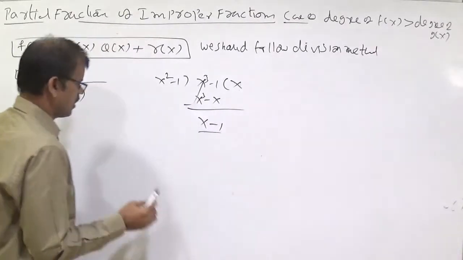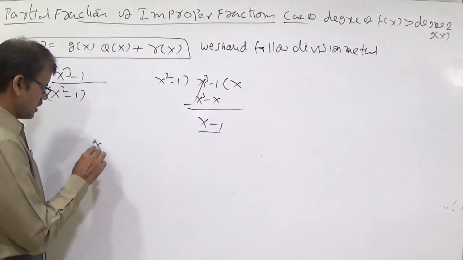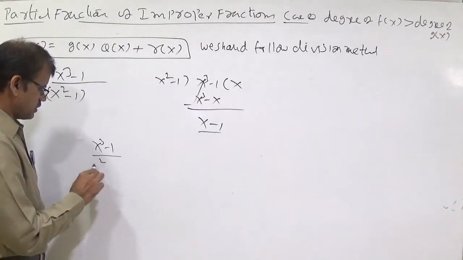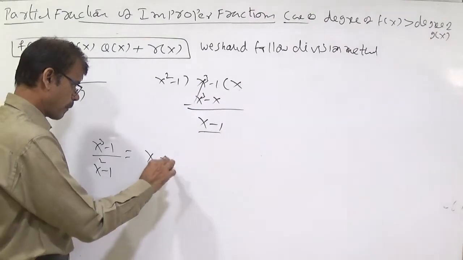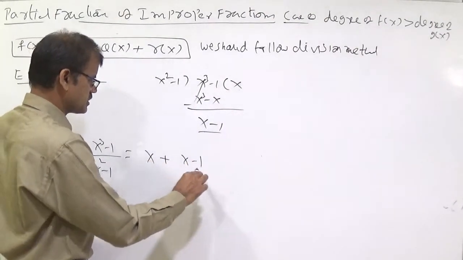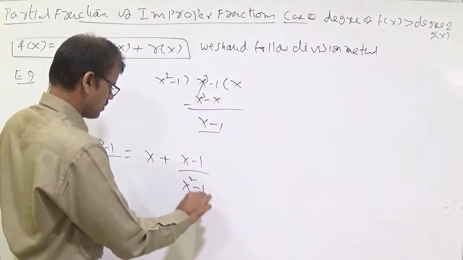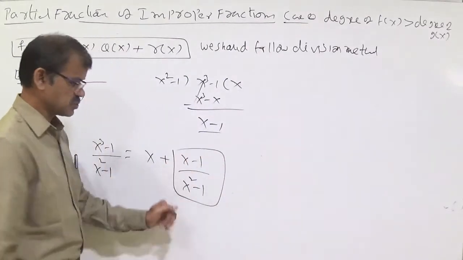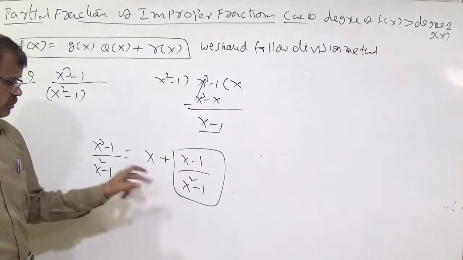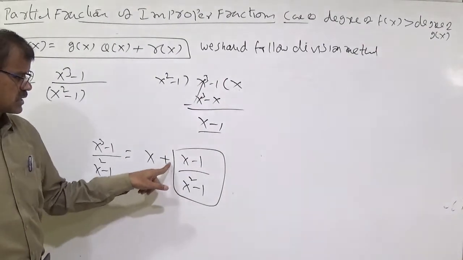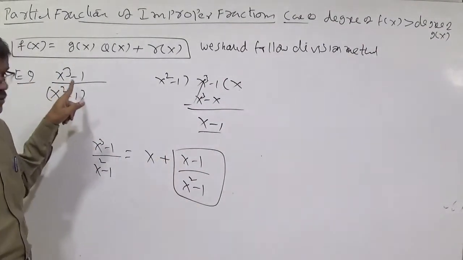Leave it. Now it can be written as x cube minus 1 by x square minus 1 is equal to x plus (x minus 1) by (x square minus 1). You should calculate this one. Try to understand what I said. If you are having any doubt, multiply this one: x cube minus x plus x minus 1, so x cube minus 1 we will be getting.